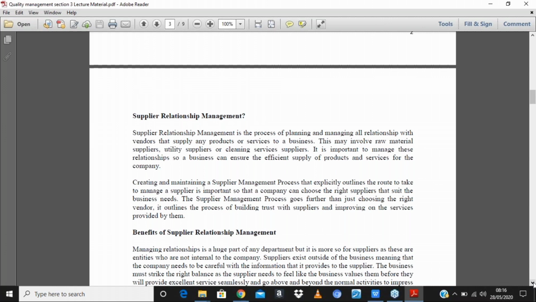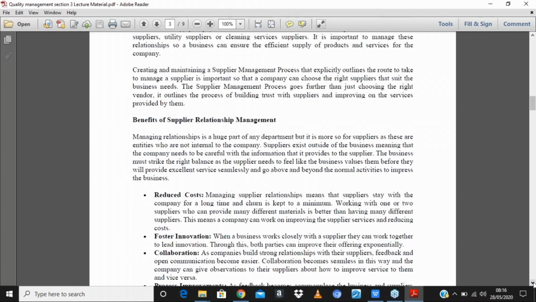If you have good supplier relationship management, it's going to aid you very well. Why? Because you are able to effectively and judiciously manage a working relationship with your vendors who supply you all your inventory and all your requirements for the business, and you must be able to achieve quality.